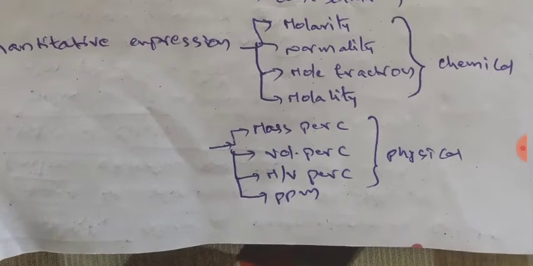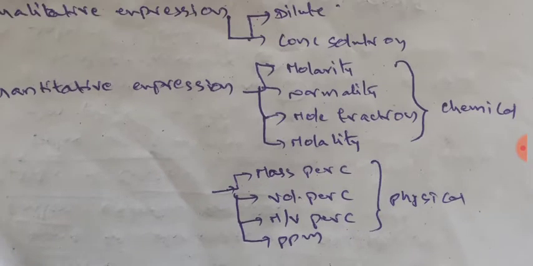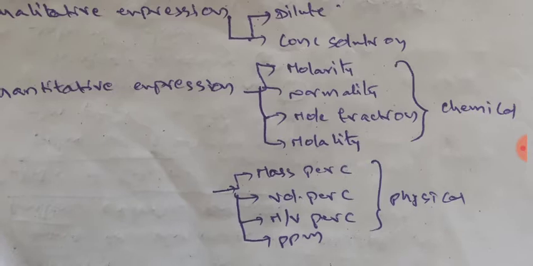The next ones are mass percentage, volume percentage, mass by volume percentage, and last one is ppm. ppm is also called parts per million. These are the methods which come under the category of physical methods. By using the physical and the chemical methods we express the concentration of a particular solution. We are going to brief the session separately.